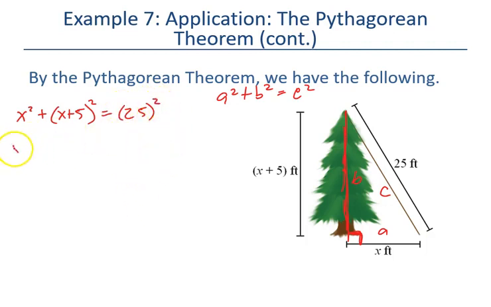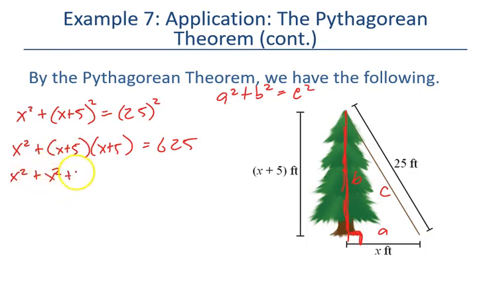Let's start simplifying this. We've got x squared plus (x plus 5)(x plus 5), all equal to 25 squared, which is 625. Continuing on, notice here you're going to end up having x squared plus x squared plus 10x plus 25, all equal to 625.